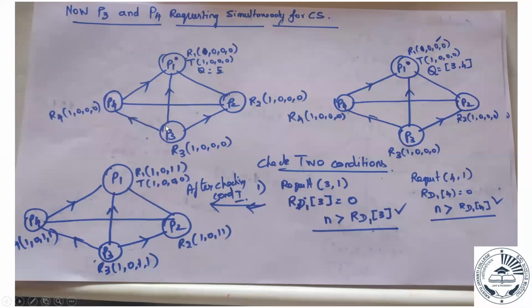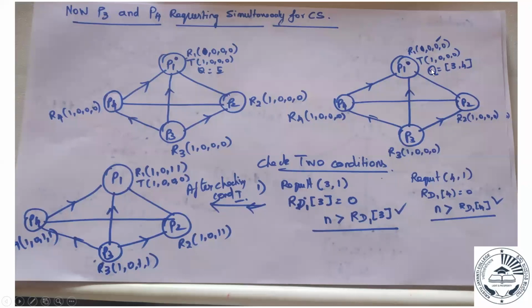Now you see here P3 is requesting for P1, P4, P2, and P4 is also requesting for the token. So at the same time, simultaneously, P3 and P4 are requesting for the critical section. They want to get into the critical section. Now when the request comes from P3 and P4, you see here the Q value is getting two numbers, 3 and 4.